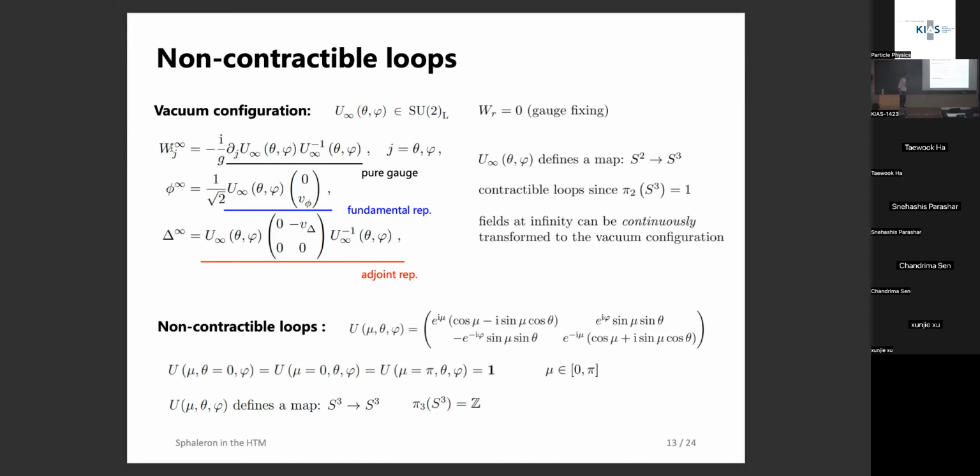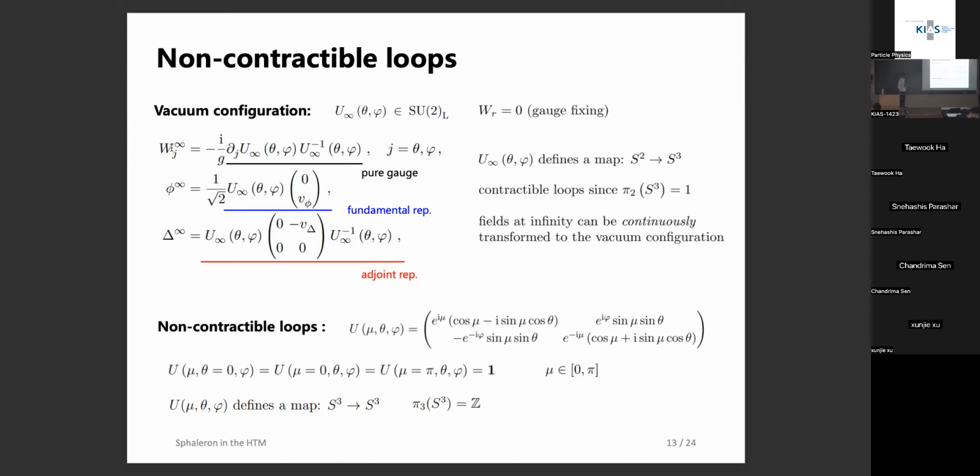Then you can verify that this transformation defines a map from S3 to S3. And because the homotopy group pi3 of S3 is non-trivial, it's topologically different depending on how many loops you have. So this means such loops constructed from this matrix are indeed non-contractible loops.